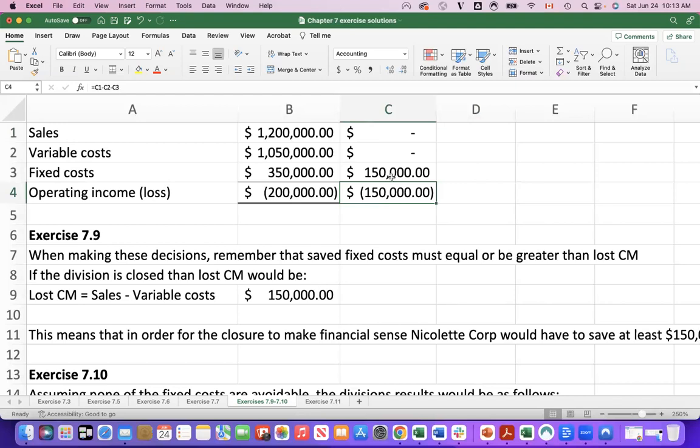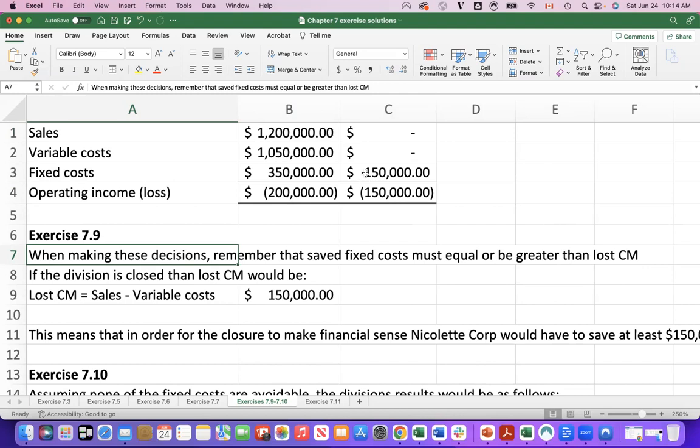And the reason is because we saved more fixed costs than what we gave up in contribution margin. In essence, I'm paying $150,000 in contribution margin, and I'm getting back 200,000 in fixed costs. Anyone would do that deal every day and twice on Sunday.